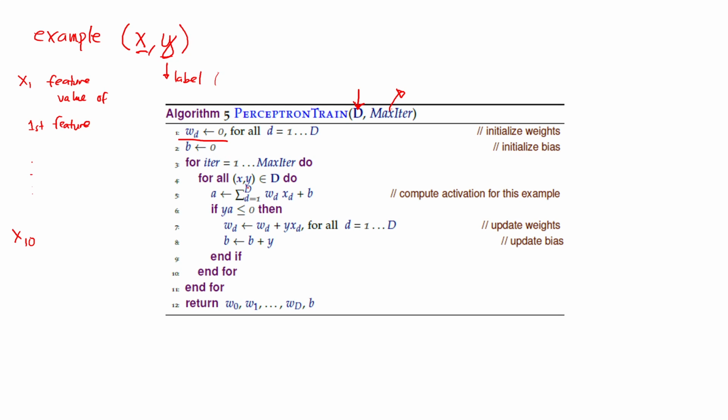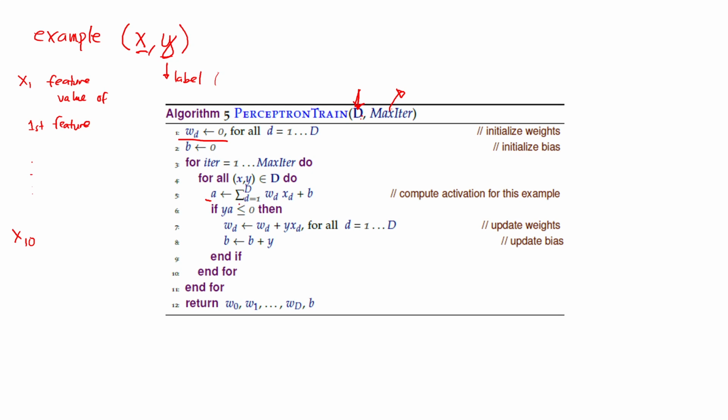For each example in our data set that is provided as an argument, we're going to compute the activation for that specific example.